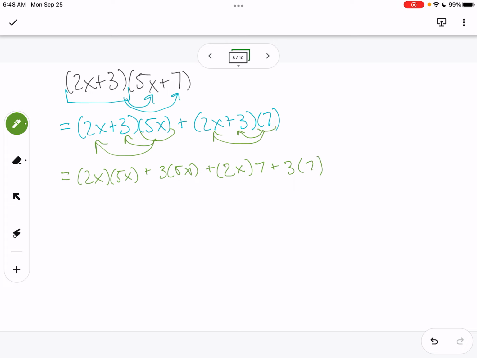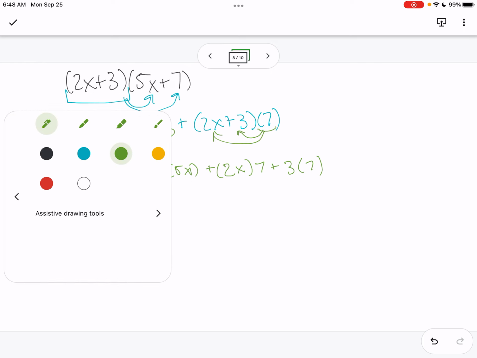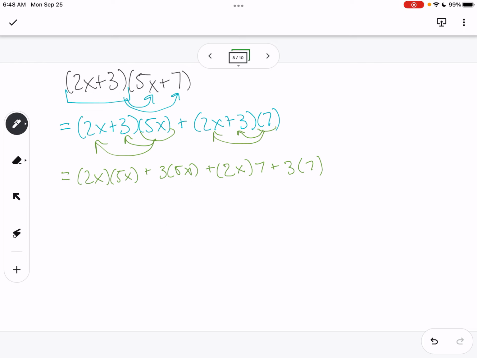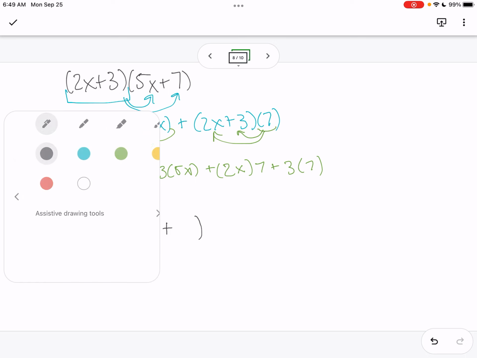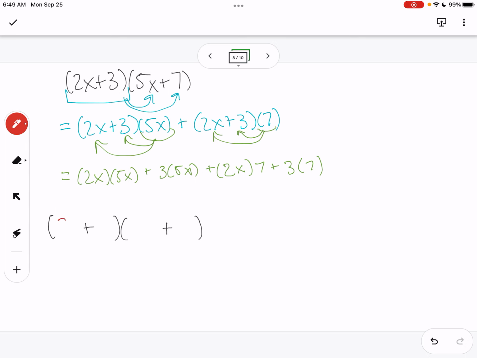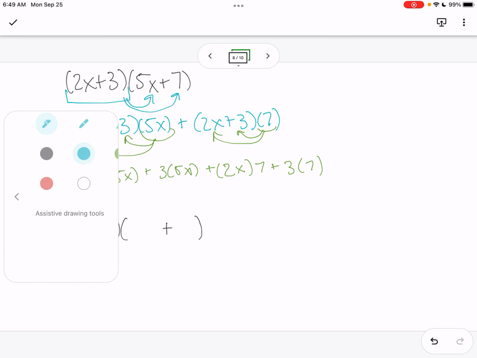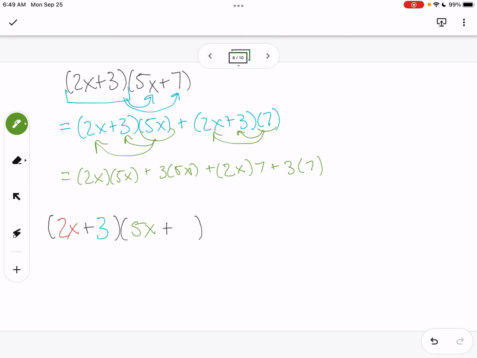Now, if we look at each of these terms, I am going to rewrite my expression using colors. So we have 2x, we have 3, we have 5x, and we have 7.